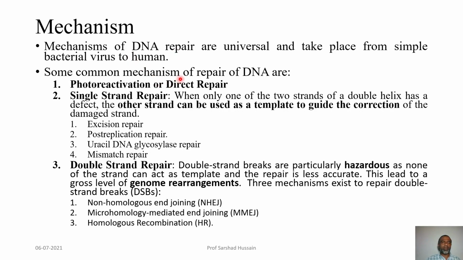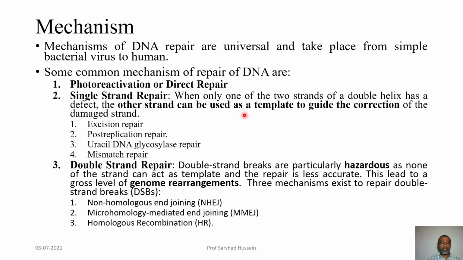Some common mechanisms of DNA repair are: one is photoreactivation or direct repair, and another involves the repair of a single strand of the DNA. When only one strand of the DNA is damaged, the other strand can be used as a template to guide the correction, because DNA strands are complementary to each other.